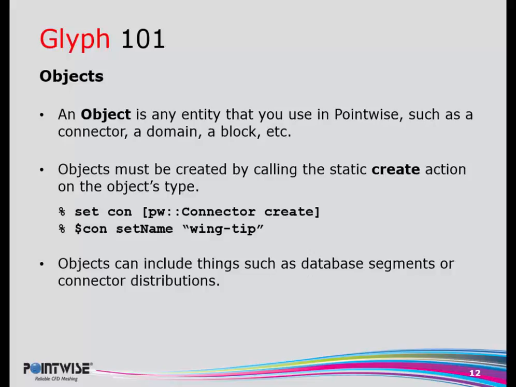But just to give you an example, here we're creating a variable con that's going to hold a connector object, and we're using the pw::connector type and calling the create action to create an instance of that type, or a connector object, which then we're going to set the name to wingtip.